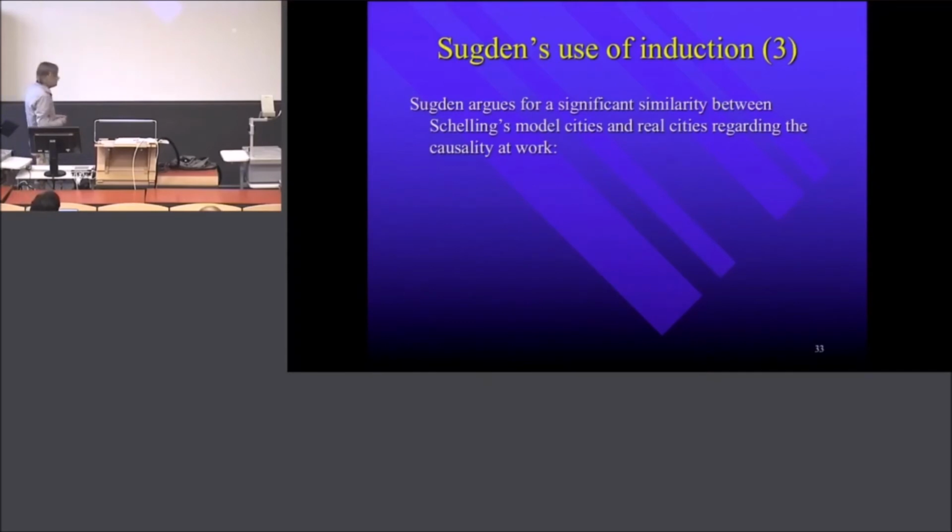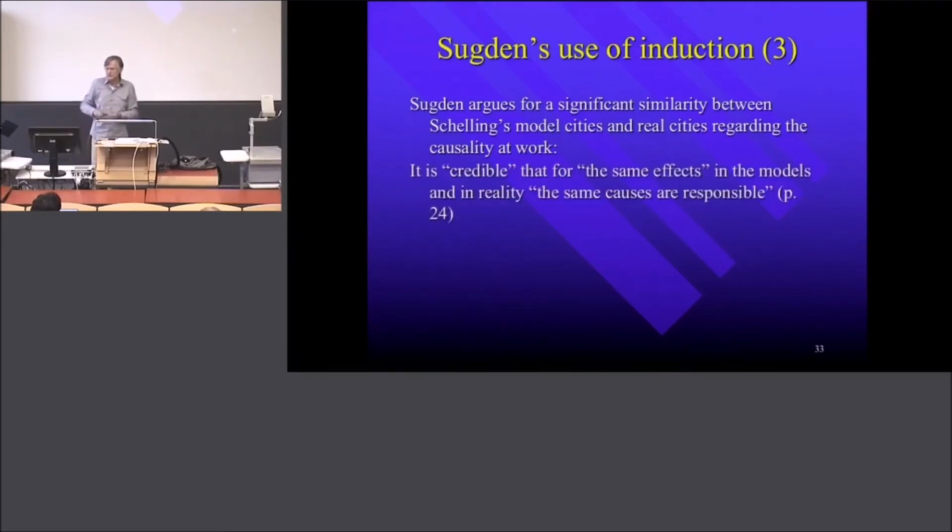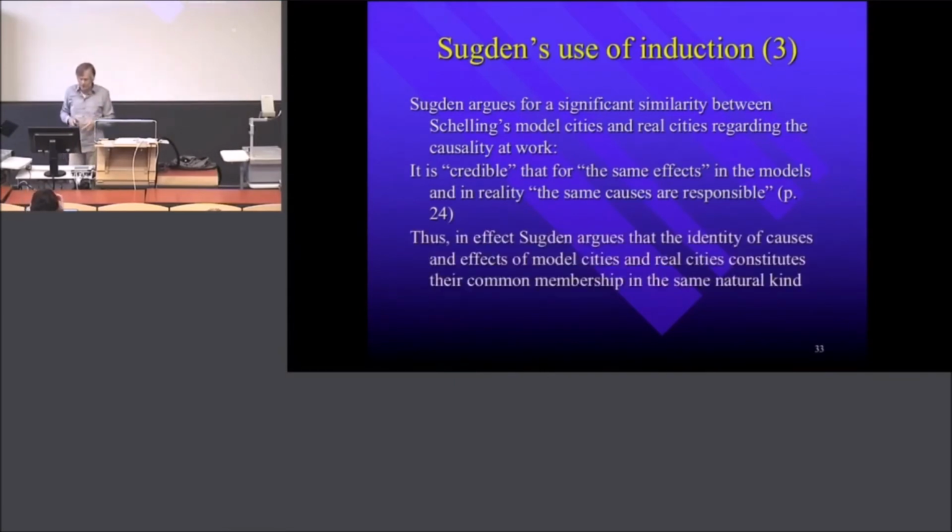Okay. Now, Sugden argues for a significant similarity between Schelling's model cities and real cities regarding the causality at work. This is the idea, right? Because he says, yes, this causality in the dynamics of the model produces then segregation, and it is credible that for the same effect in the models and in reality, the same causes are responsible. Right? This is the inductive step, and the cause is then these weak racial preferences, and that produces everything in the real world.